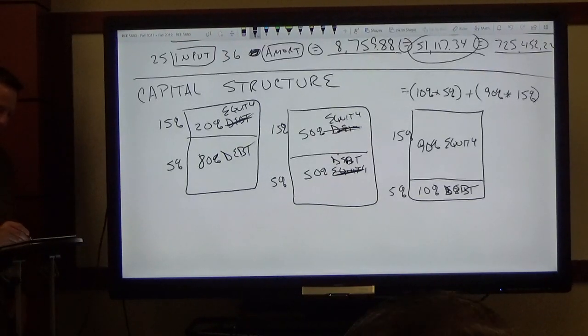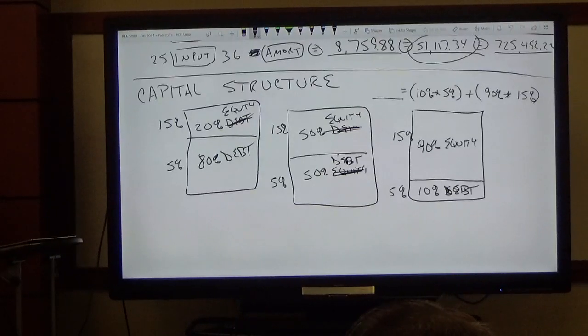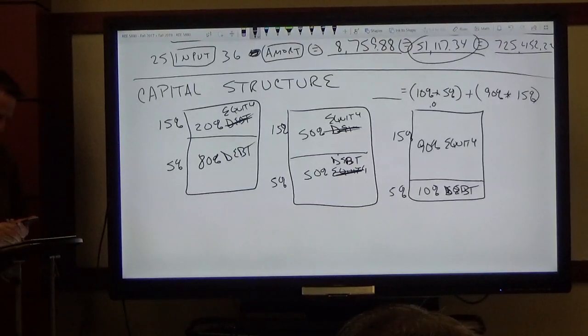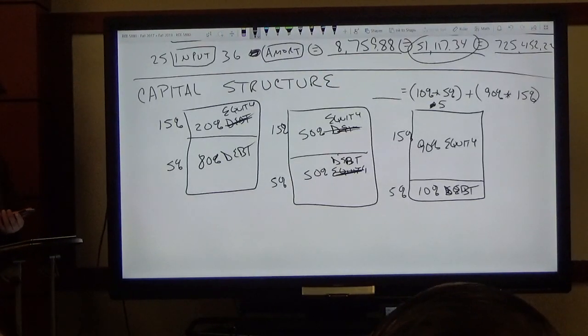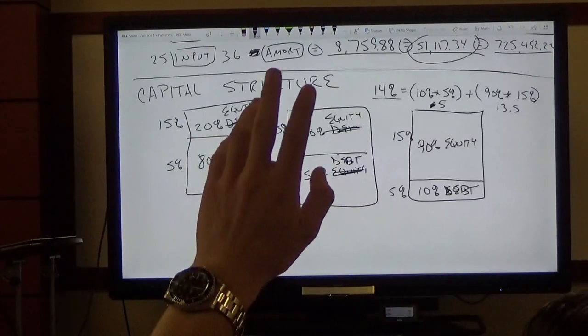So in this case, the overall cost of capital, when you do that, you should get about 14%, yeah?